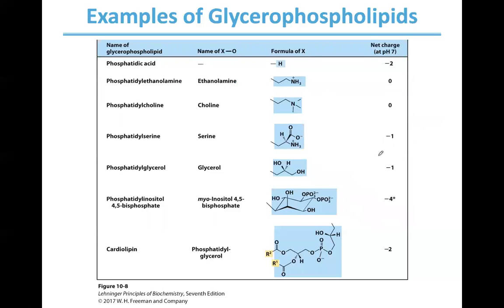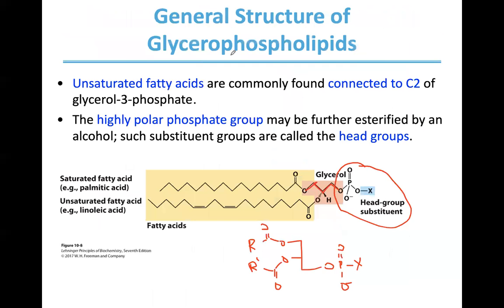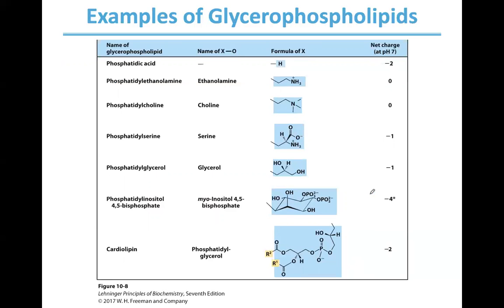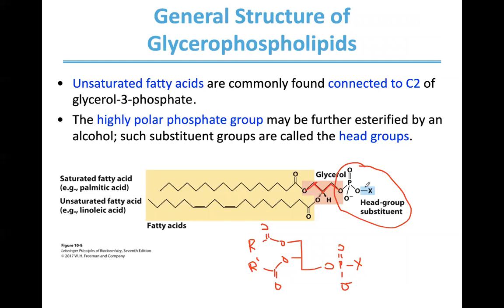All right, so as far as the head groups, let's look at those. We're looking at this XO, right? Depending on the particular head group, we can differentiate phospholipids. If this X is an H, so your head group is the phosphate by itself, obviously it's going to be deprotonated at physiological pH, so it's going to be an O minus.